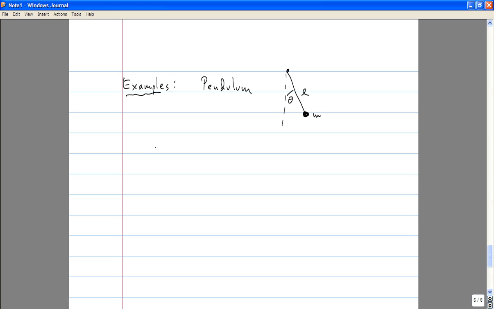And as you may remember, the Lagrangian is a kinetic energy plus a potential energy, the kinetic energy being 1/2 L squared m theta dot squared, and the potential energy being mgL cosine theta. So let's go ahead and turn the Hamiltonian crank to compute the Hamiltonian of the system.